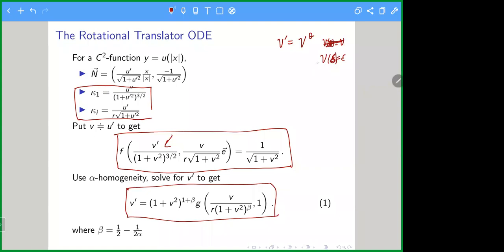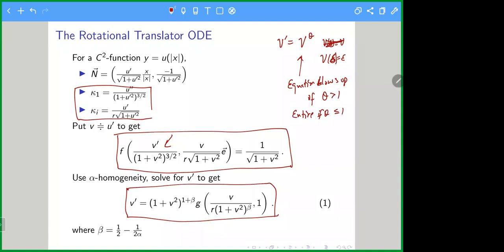Then this equation blows up at some finite value of R if theta is bigger than 1, and it is entire if theta is less than or equal to 1.